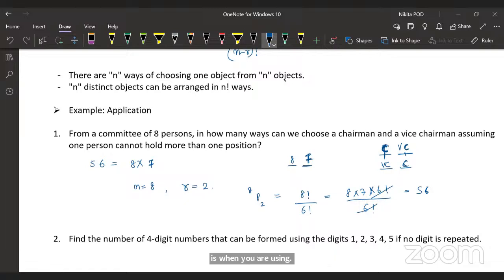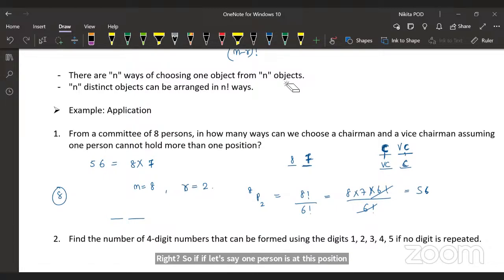But even if you did not know what permutation is, if I tell you that there are 2 positions and 8 people in the committee, and one person cannot hold more than one position, then if a person is at one position, they cannot be at the second position also.